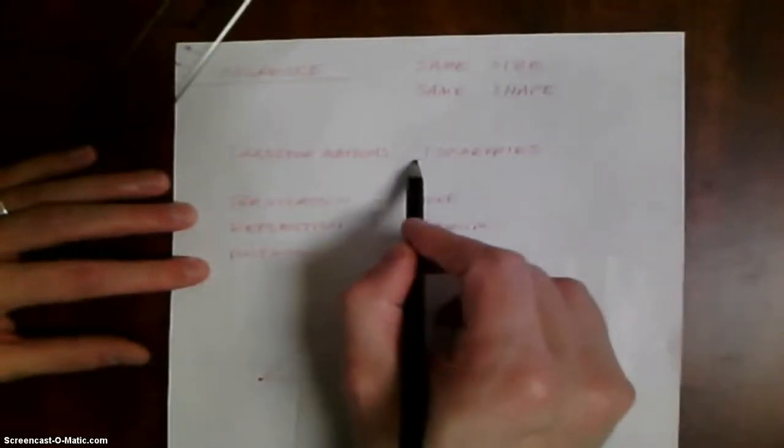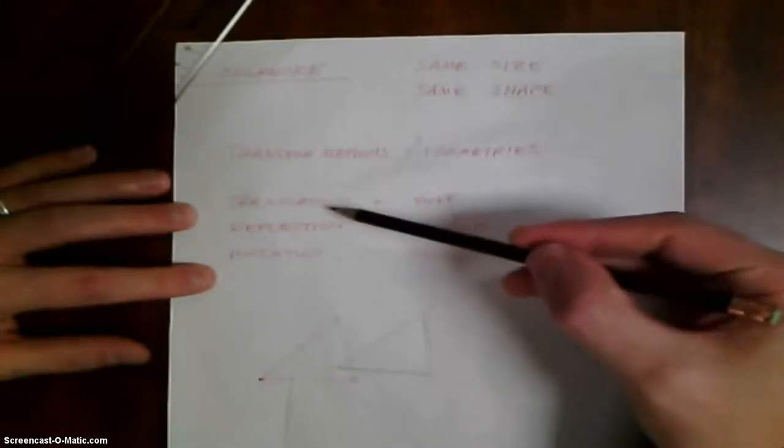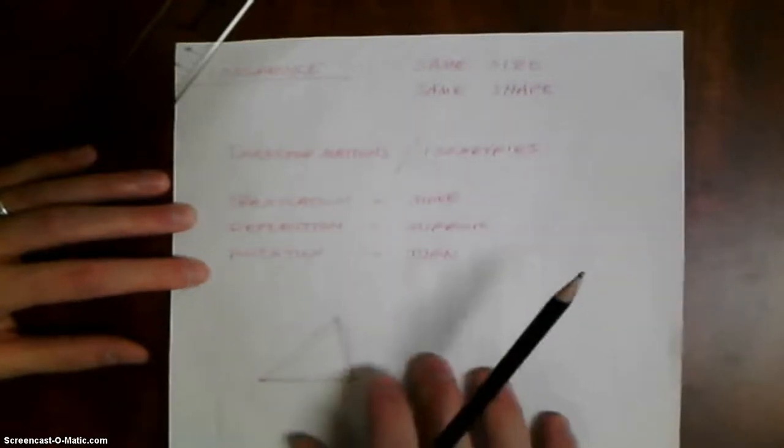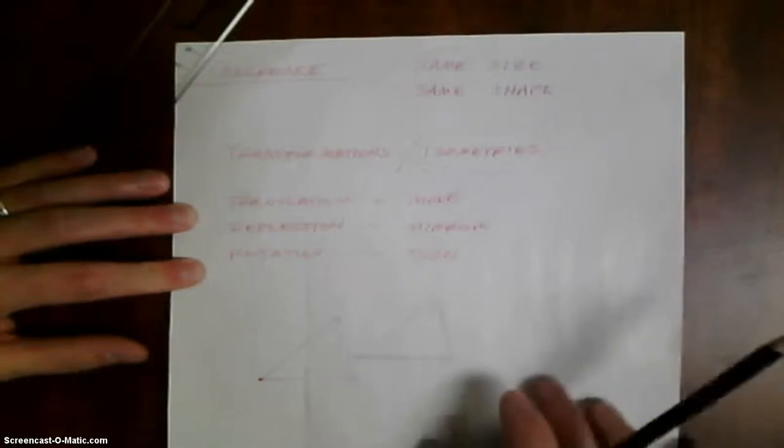Now I can use any sort of transformation, or the fancy word that mathematicians like to use, isometries. Isometries are just transformations. Translation is one of them. Translation is to move, so I can move this triangle anywhere and it's still congruent. I can reflect.